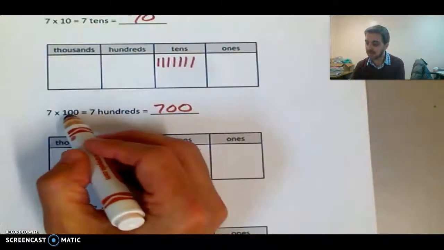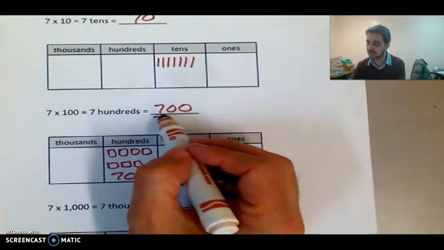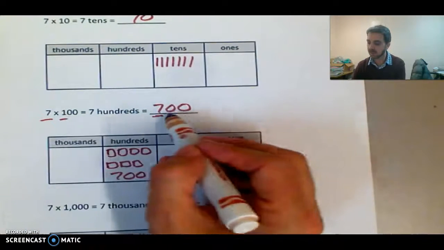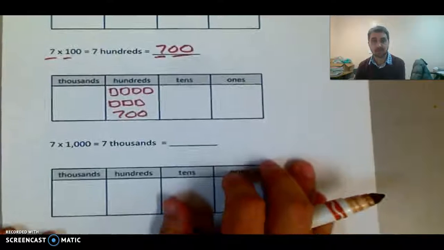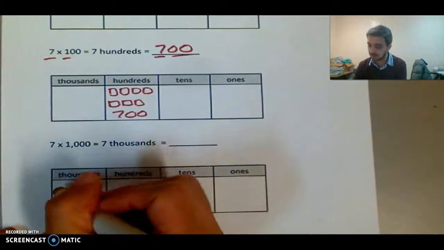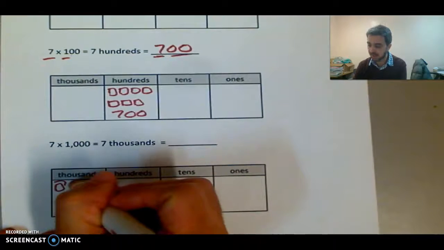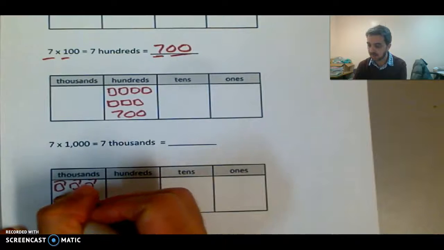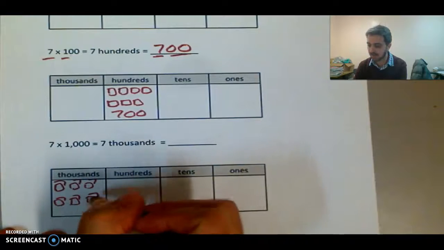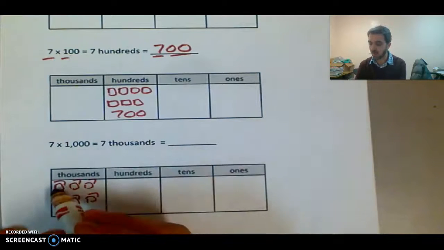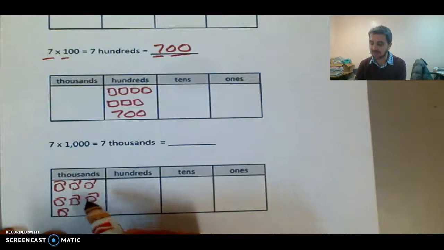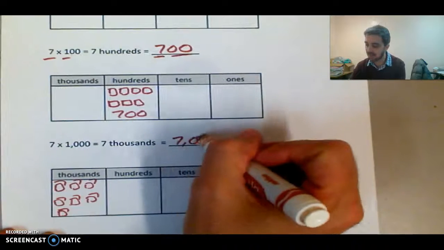So 7 times 100, 7 times 1 is 7, and you've got the 2 zeros. Now 7 times 1,000, same idea. You draw 7 thousands, and you've got 1,000, 2,000, 3,000, 4,000, 5,000, 6,000, 7,000.